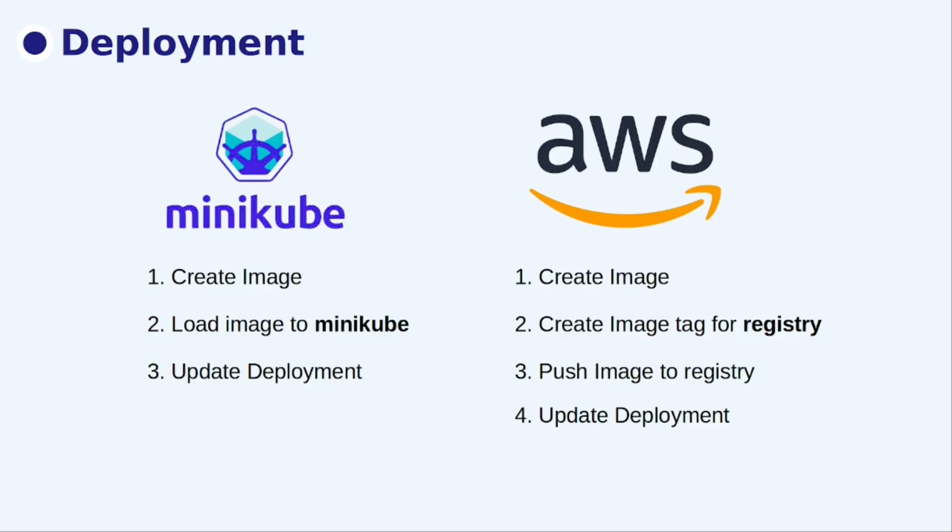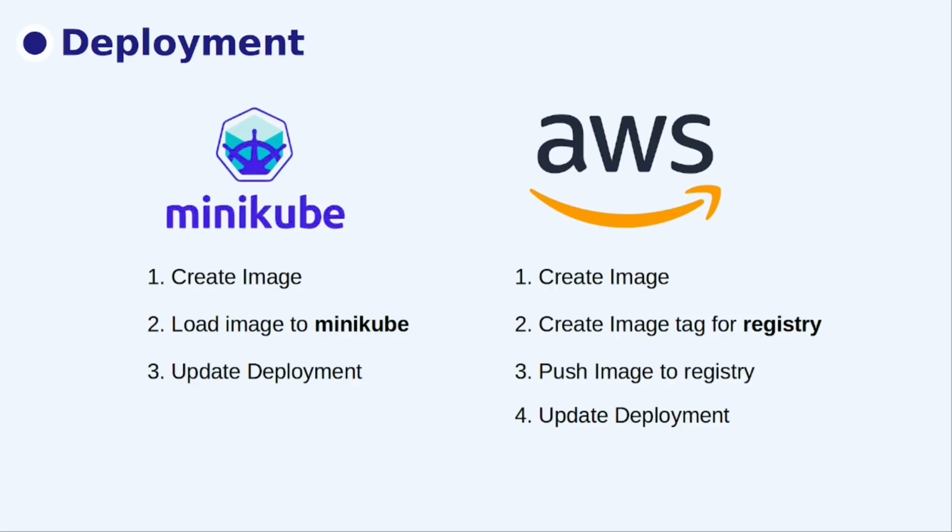This image contains the application code and required dependencies. Next, we load the image into Minikube because the local Kubernetes cluster needs access to that image. Finally, we update the Kubernetes deployment, and Kubernetes will create new pods using the updated image.